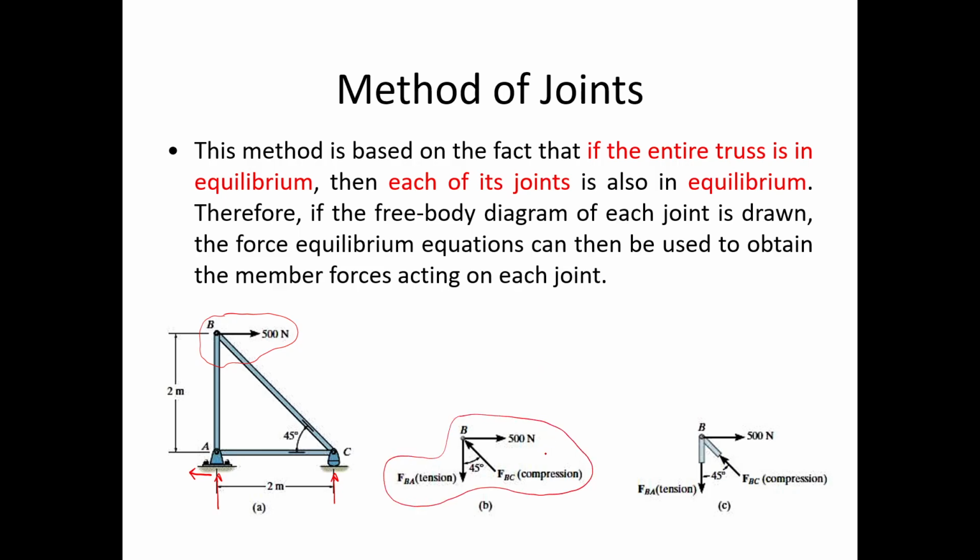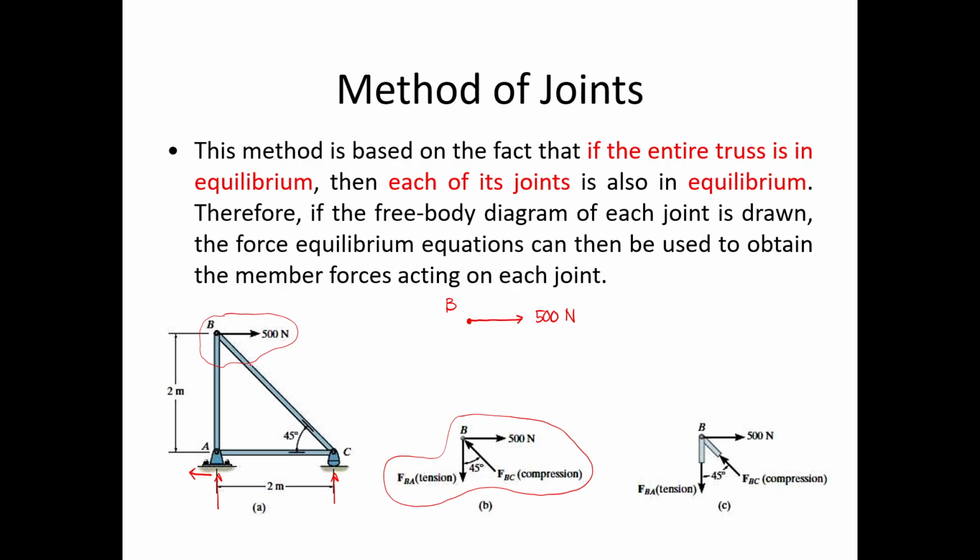Why was he able to determine that the compression is BC and the tension is force BA? If you draw point B first, with the external load 500, it's safe to say that you need a force going to the left to counter 500, right?